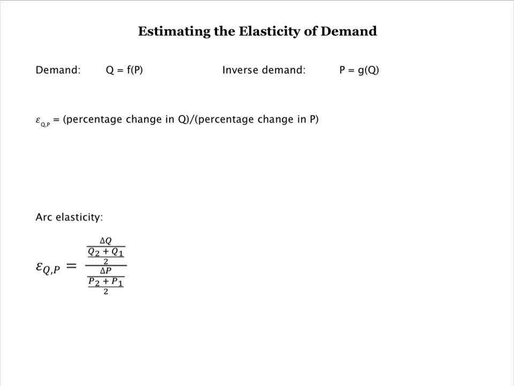Back in introductory economics, you learned that the shape of the demand curve communicates the responsiveness of the quantity demanded to changes in price. Important to know whether you are a policymaker or marketing executive.